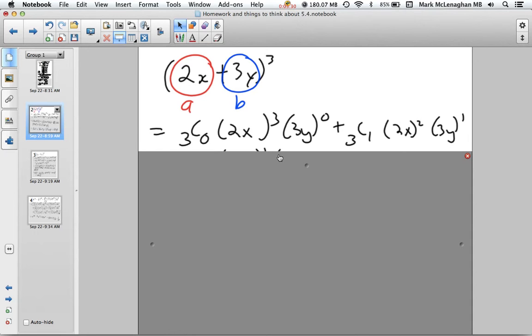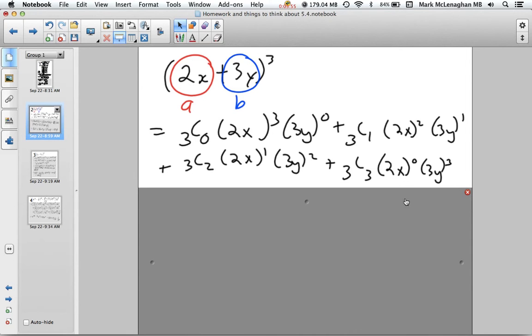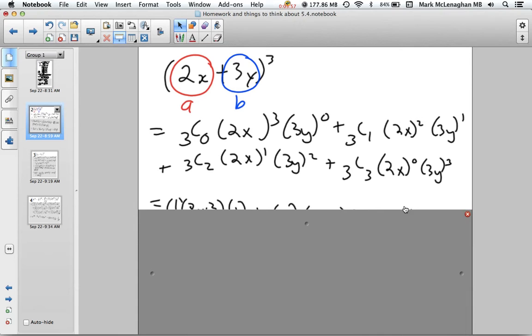When we start expanding it, we get 3 choose 0, 2x, which is our a, cubed, 3y, which is our b, to the 0, plus, now the counter is 1, so 3 choose 1, 2x squared, 3y to the 1, and then the counter is 2, the counter is 3. So there are our 4 terms for that expansion.